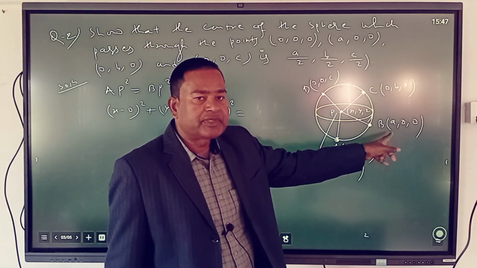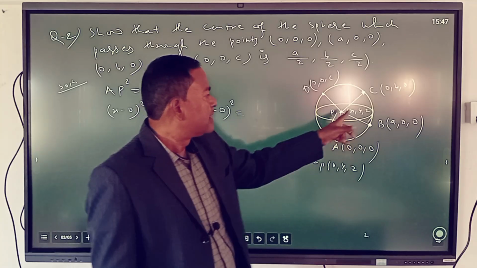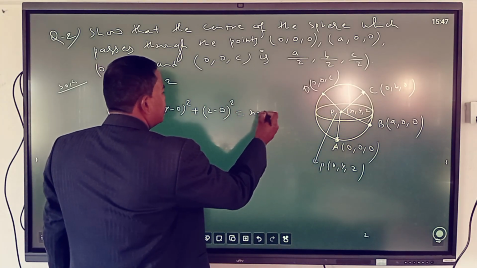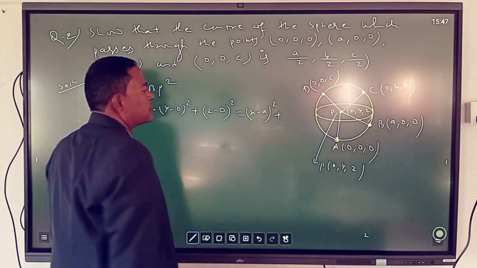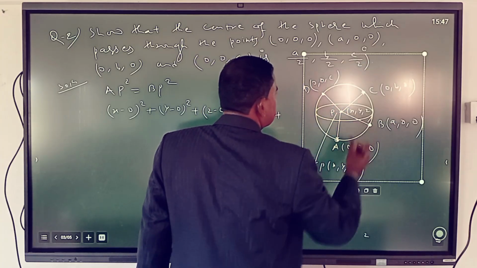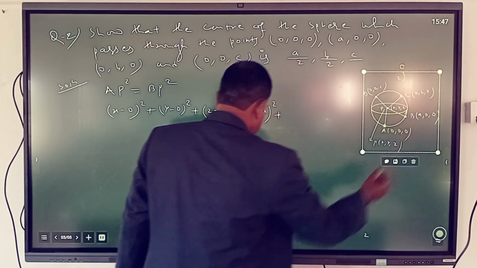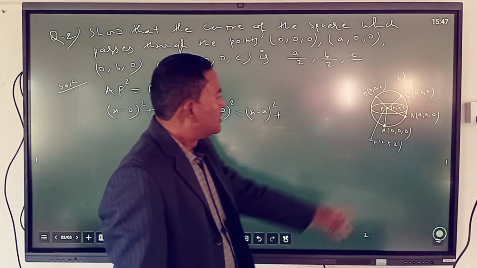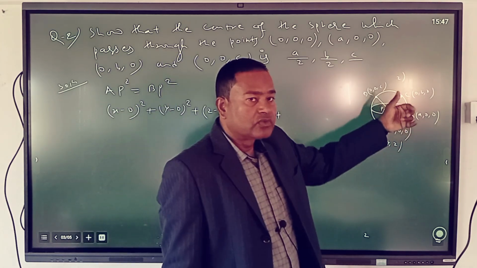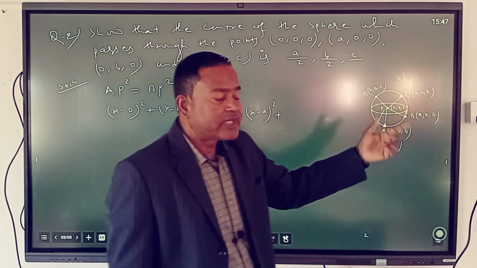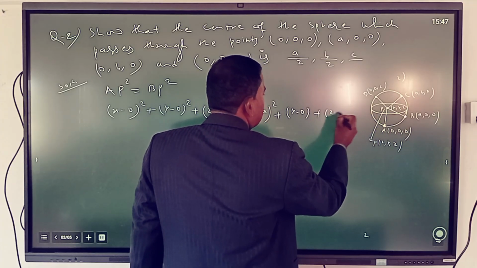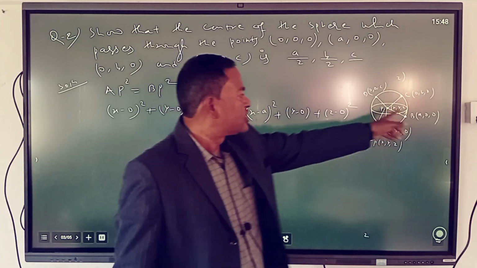Let's find the distance BP by using the distance formula. x2 minus x1, that means x minus a whole square, plus y2 minus y1, that means y minus 0 whole square, plus z minus 0 whole square.